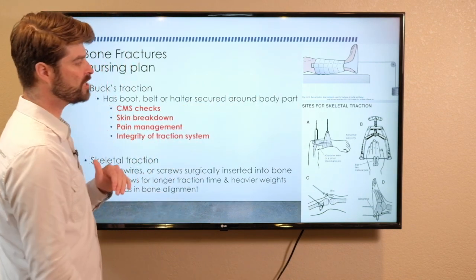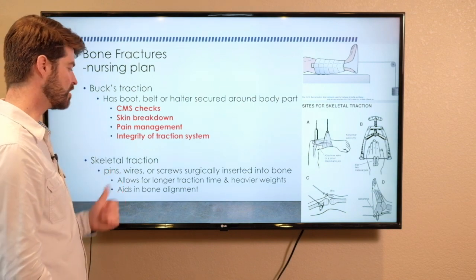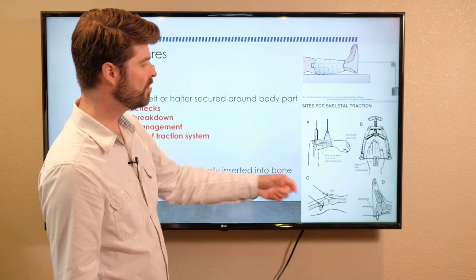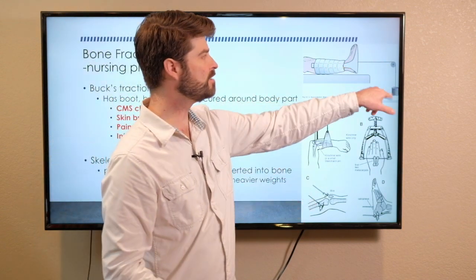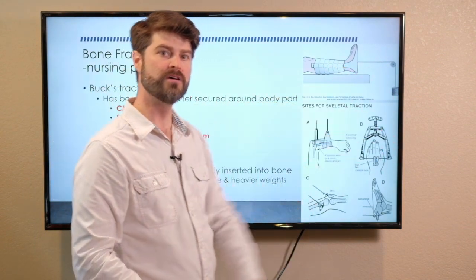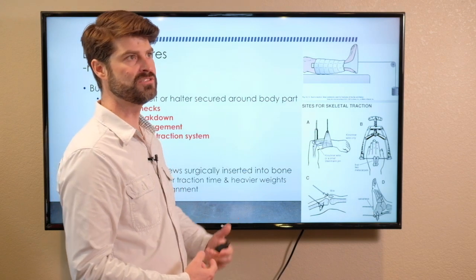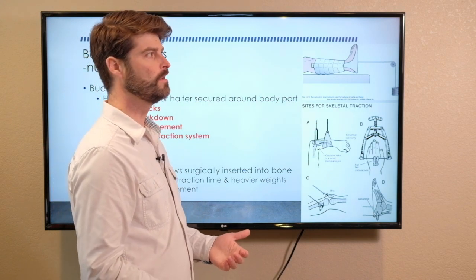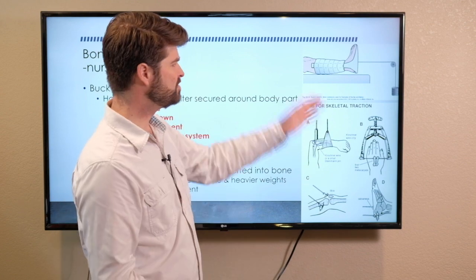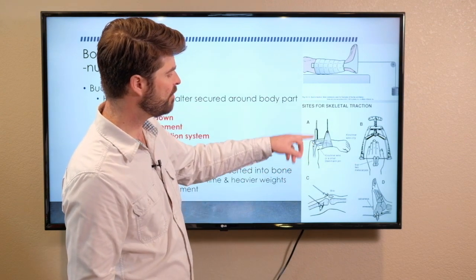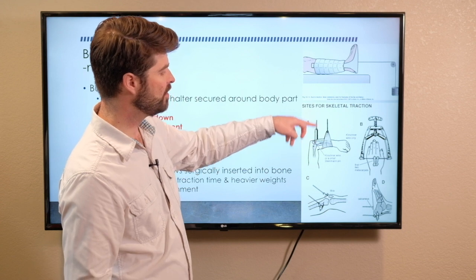A more severe type of traction is our skeletal traction. This is where pins and wires are put through extremities, and then we apply these types of traction mechanisms to them. We see this most commonly with shattered bones, where distally they're going to have a pin inserted.